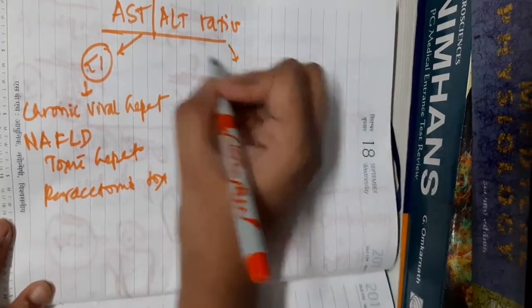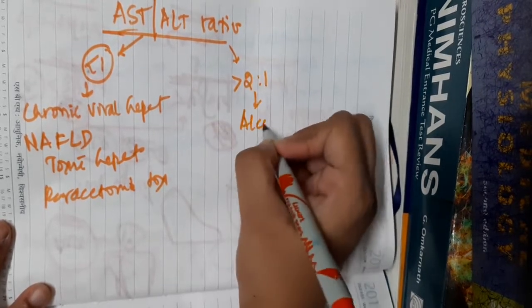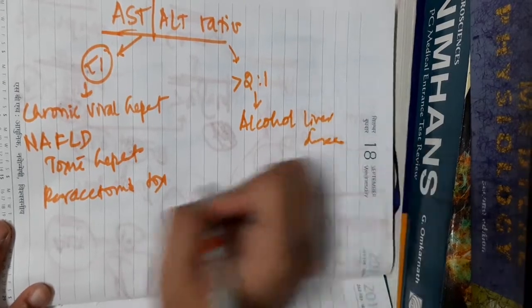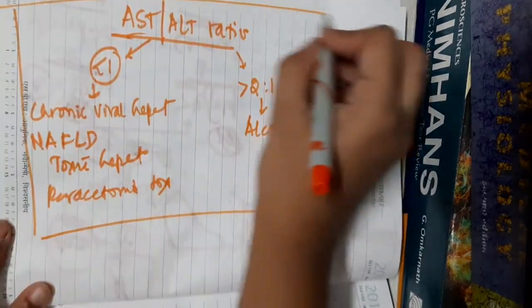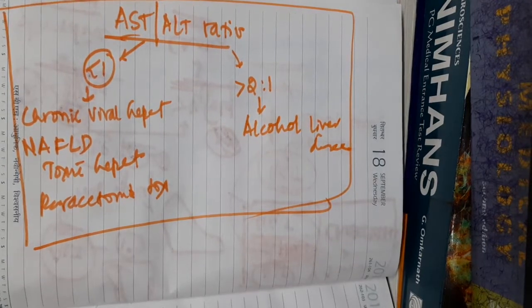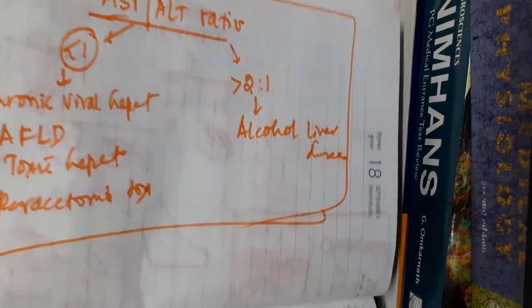If the AST by ALT ratio is more than 2:1, then it is due to alcoholic liver disease. Based on the value, you can at least prioritize things.